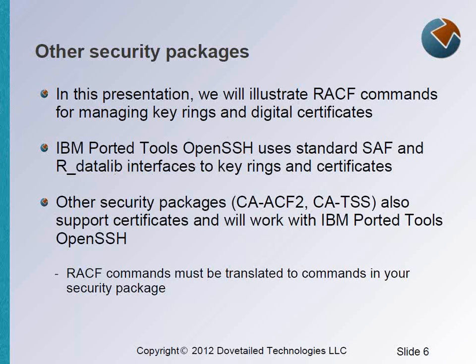Because of that, security products that conform to those interfaces, in particular ACF2 and Top Secret, also have support for this, and they will work with Ported Tools OpenSSH. You simply have to take the RACF commands, the RACDCERT commands, and map those into the appropriate command in your security product.